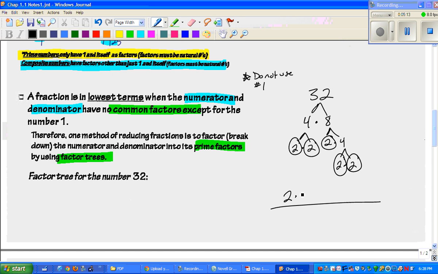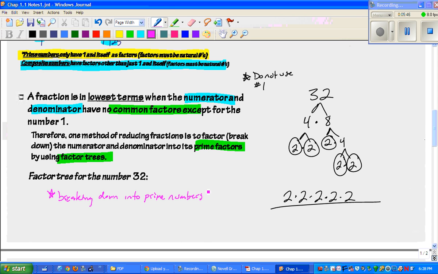And so when we break this down, the prime factorization of 32 is 2 times 2 times 2 times 2 times 2. Okay? So whenever we're doing a factor tree, we are breaking down into prime numbers.